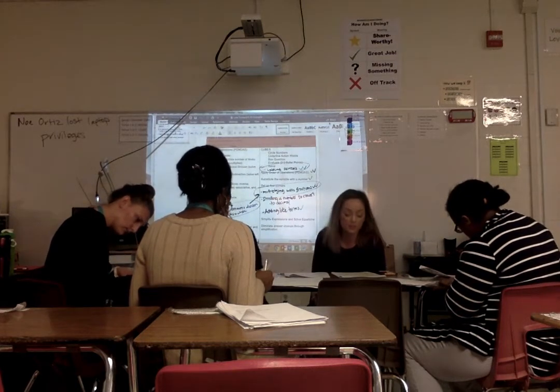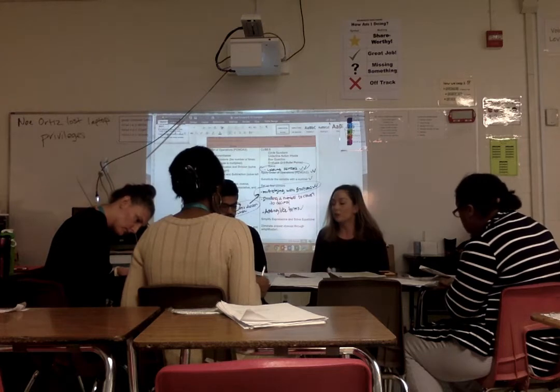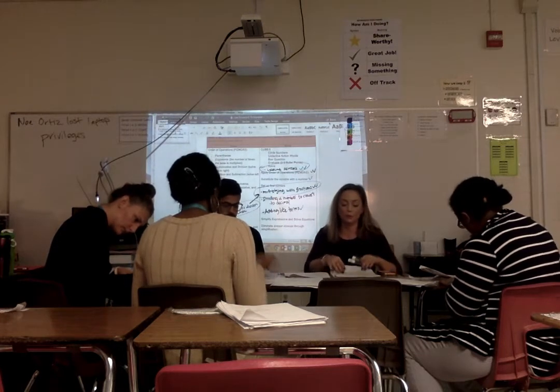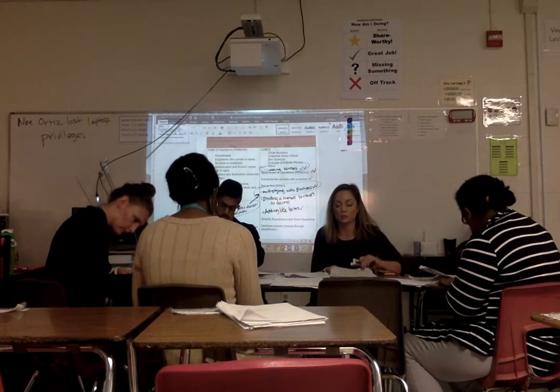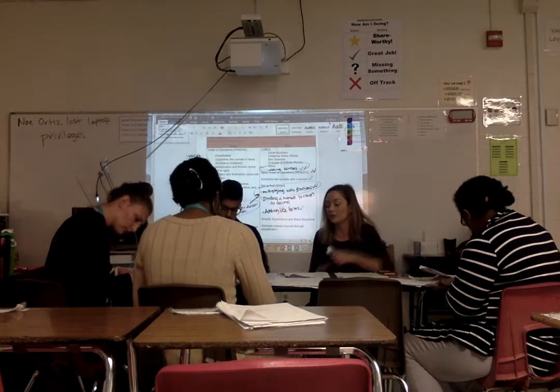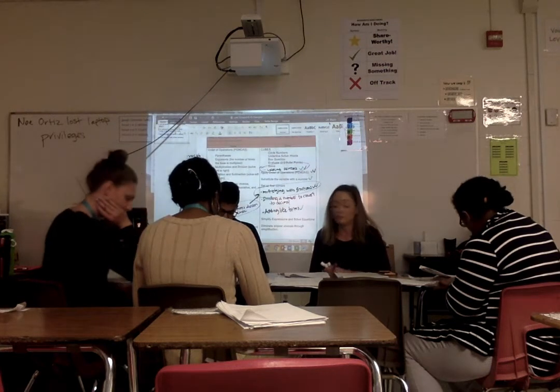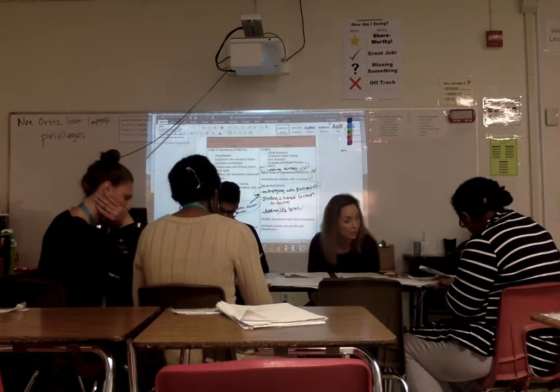So I have those pieces circled on the chart. I want us to go ahead and think for a moment. I know that we've discussed before whether or not this is something where we could use modeling or guided discourse.